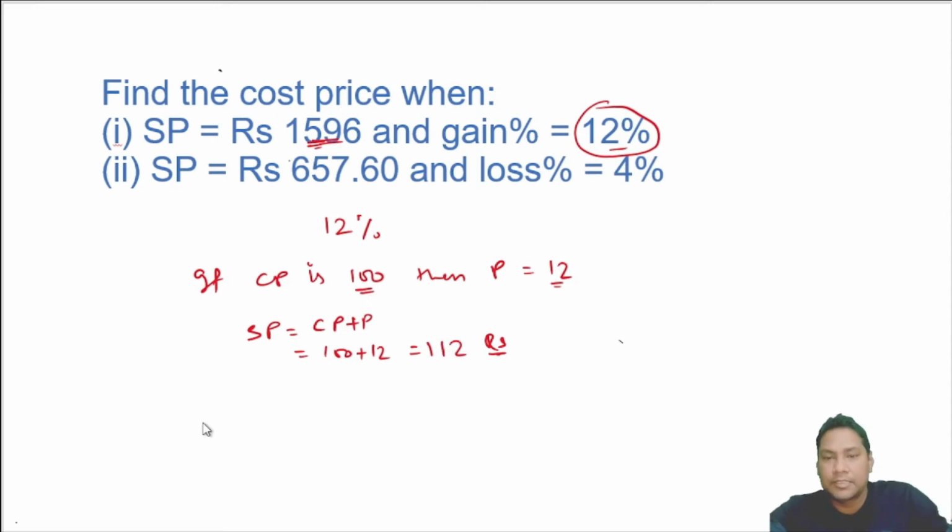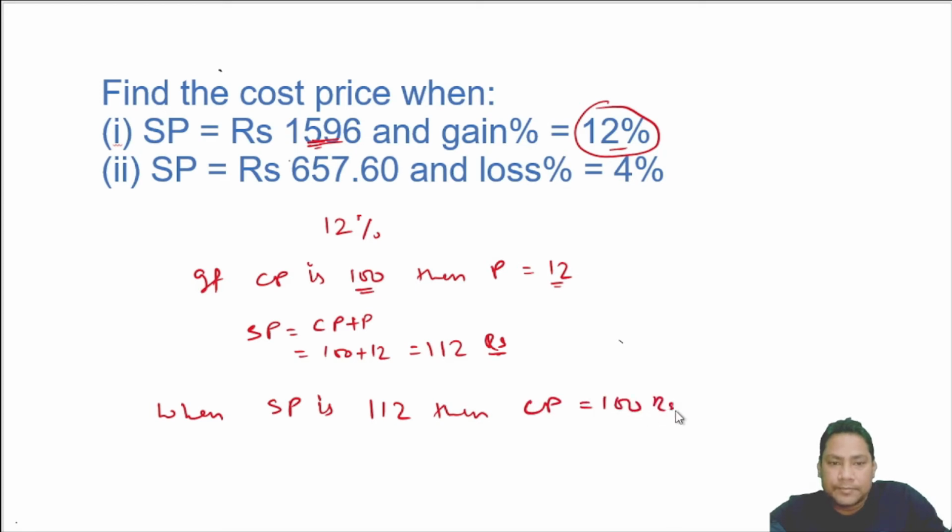Likewise, we will write this: when selling price is 112, then cost price is 100 rupees. Likewise, when selling price will be 1, the cost price will become 100 by 112.